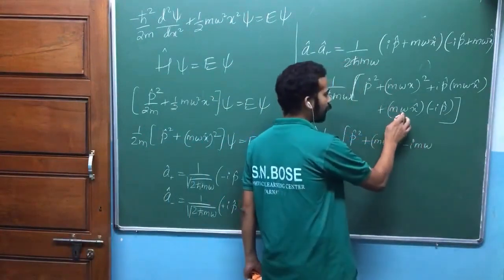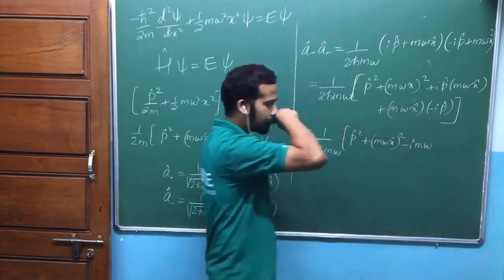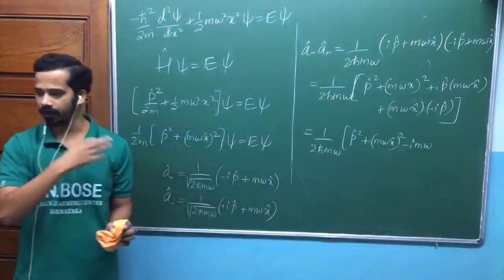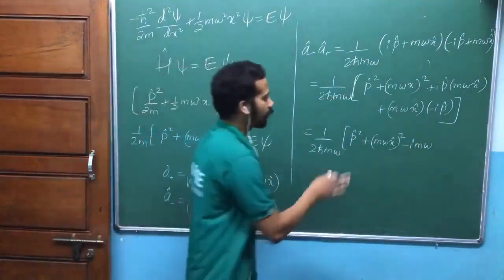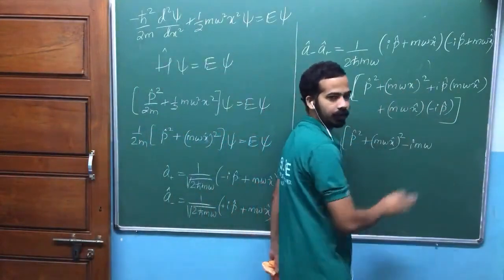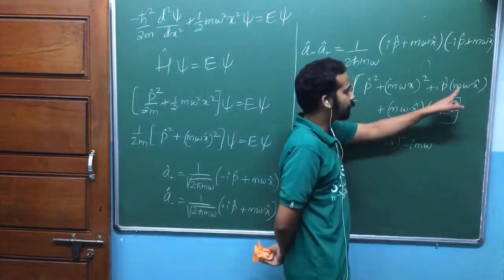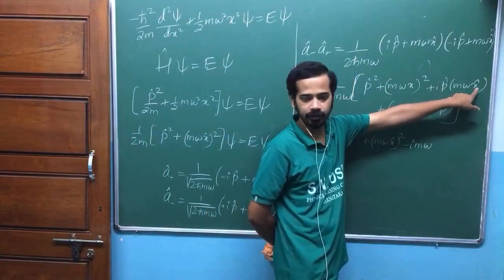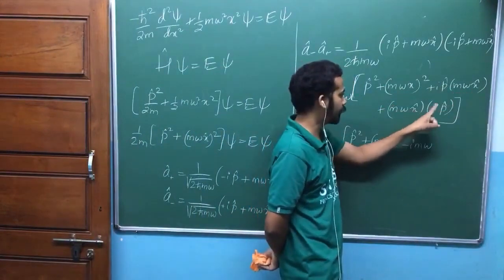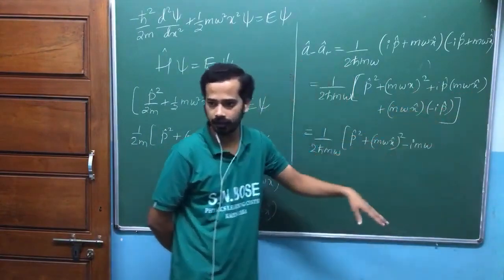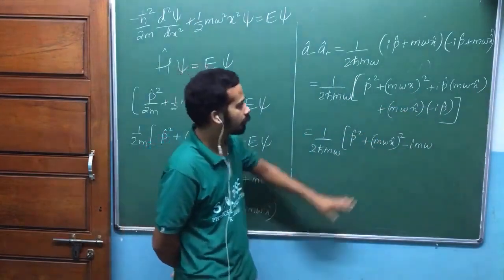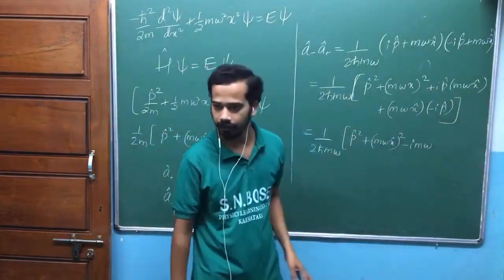Remember, m omega, i, minus 1, those are constant. You can manipulate them anywhere. But the order of x cap and p cap should be the same. In this one, p cap comes first, x cap comes next. Am I right? In this one, x cap comes first, p cap comes next, isn't it? That order does matter. You can manipulate this m omega, you can keep it anywhere.